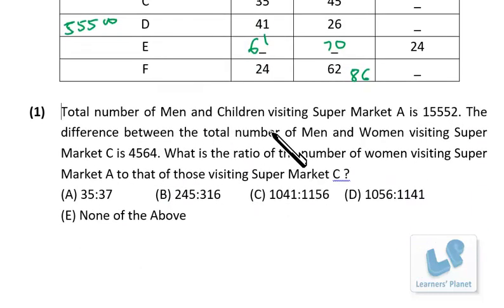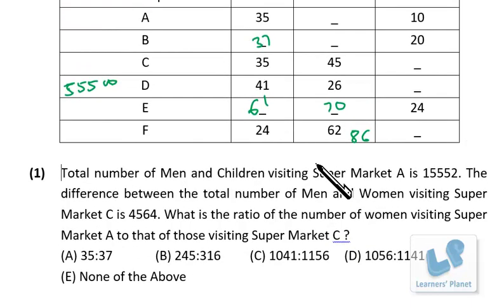Total number of men and children visiting supermarket A is 15,552. Men and children, so that is 45%. The difference between the total number of men and women visiting supermarket C is this. What is the ratio of number of women visiting supermarket A?